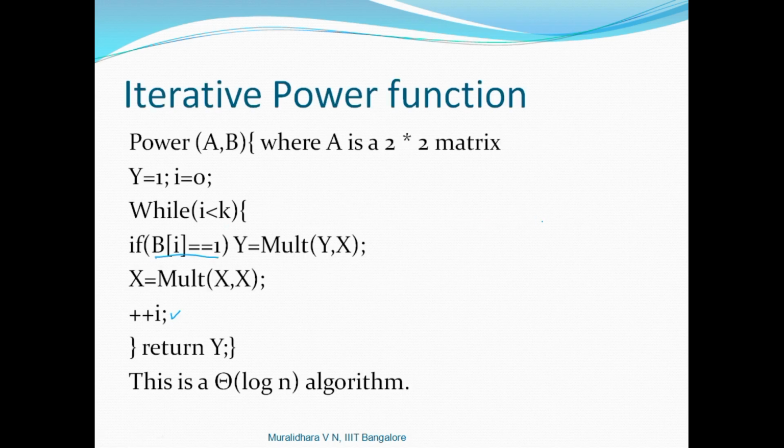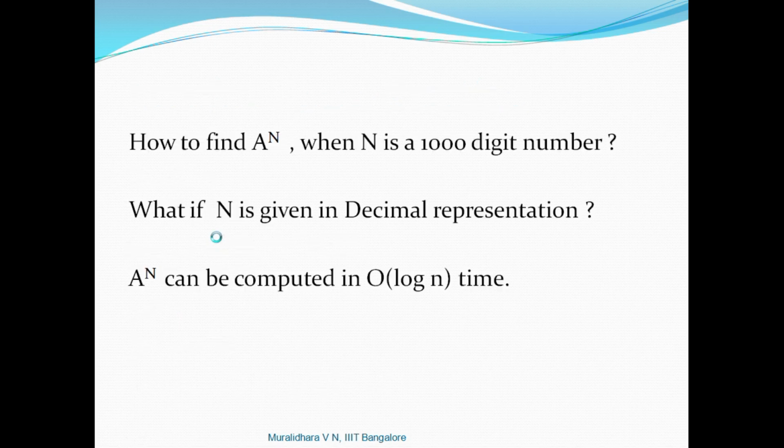So we can modify this algorithm. Instead of looking at whether B of i is equal to 1, you have to consider 9 different cases and then appropriately update your y. Since it's binary, it's either 0 or 1. If it is 0, we don't have to do anything, otherwise it's 1. In the case of decimal representation, this will have 9 cases, and in these 9 cases you have to write an appropriate multiplication function.